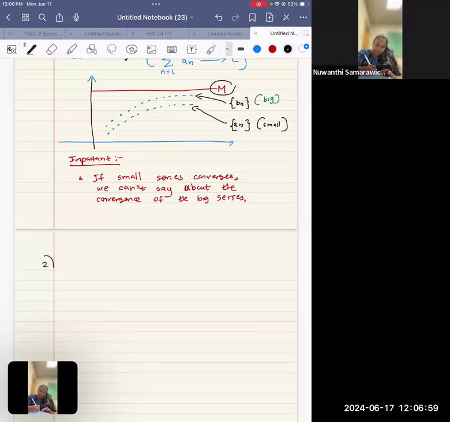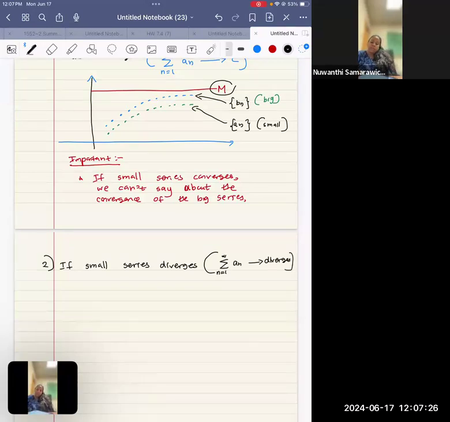The second direct comparison test is, if the small series diverges, so that means A sub n diverges, that means the series will go to infinity or negative infinity.